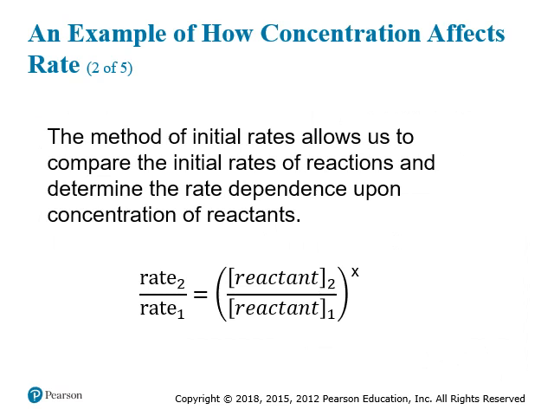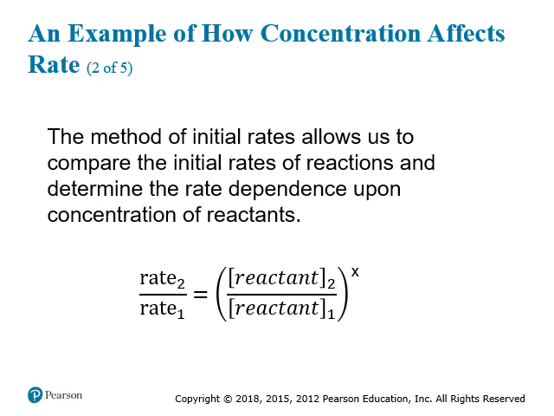With this information, we can compare the initial rates of reaction and determine the dependence of the rate of reaction upon the concentration of each individual reactant. So by doing this one at a time, taking each reactant, holding one reactant constant while changing the concentration of another, we can see the effect that changing the concentration will have on the initial rate of reaction.